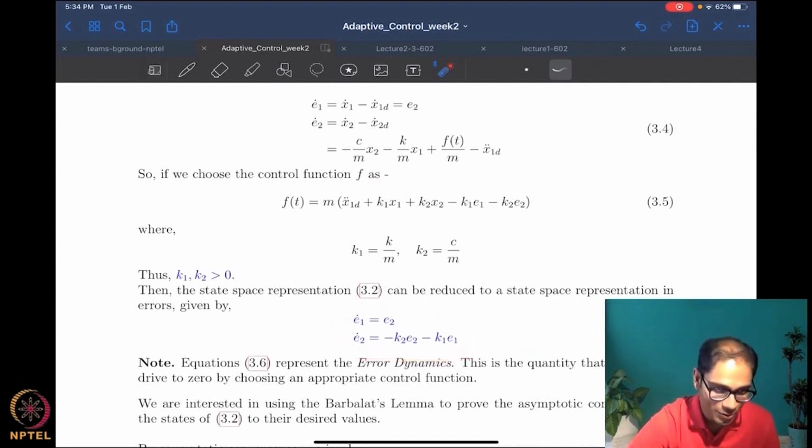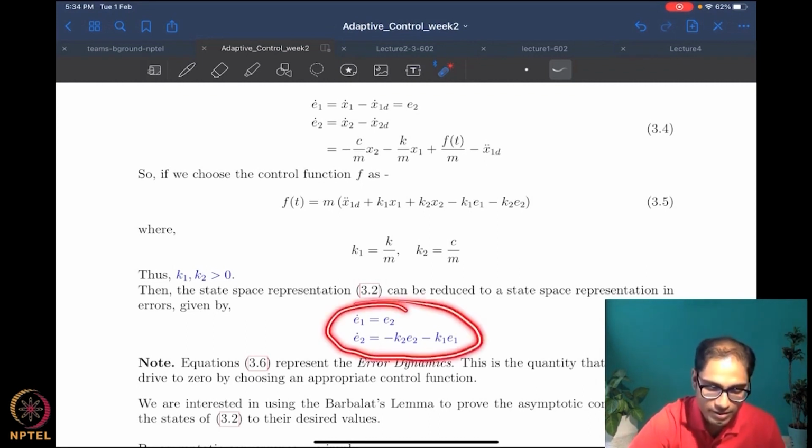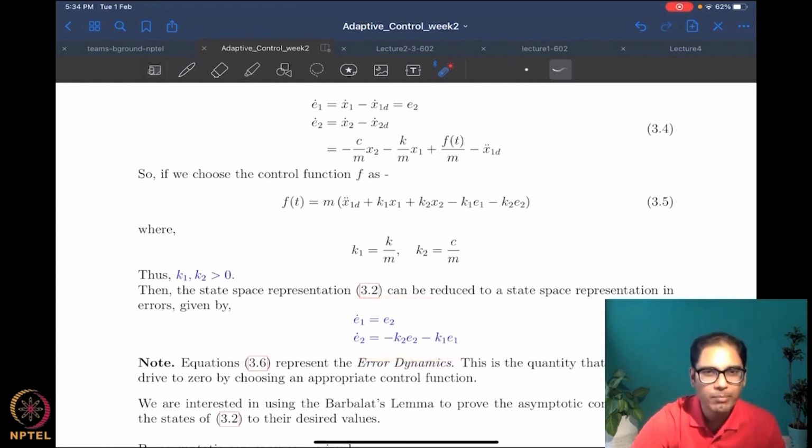Now, for those of you who don't know this for a fact, how can one verify that such a system is globally exponentially stable? In many different ways. One obvious way is to first identify that this is a linear system.